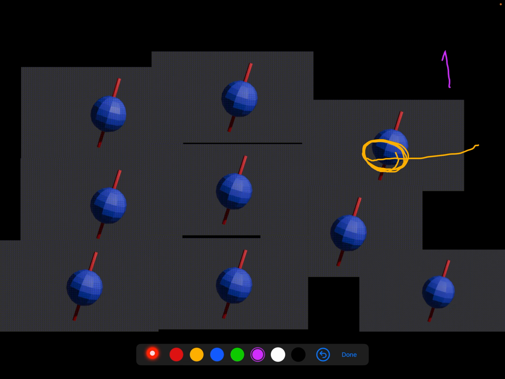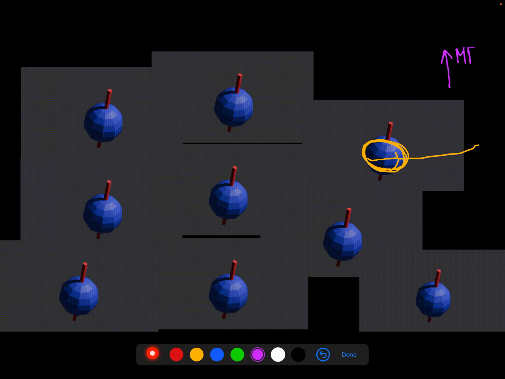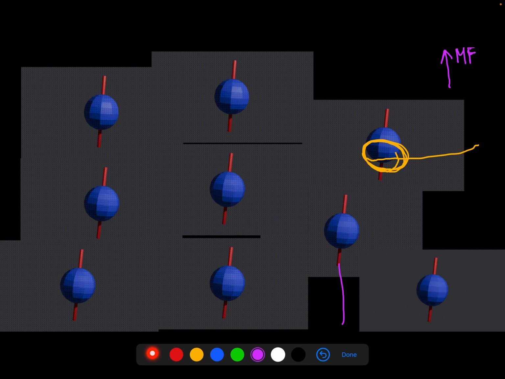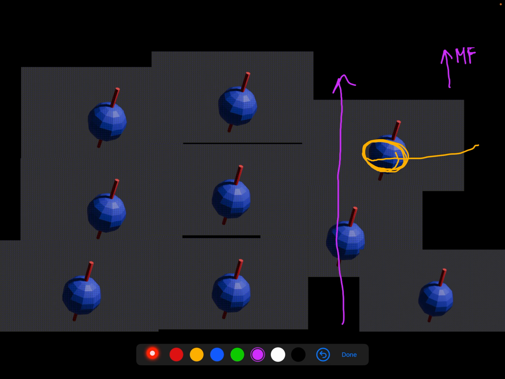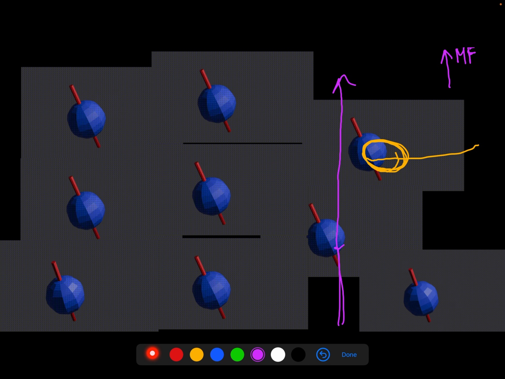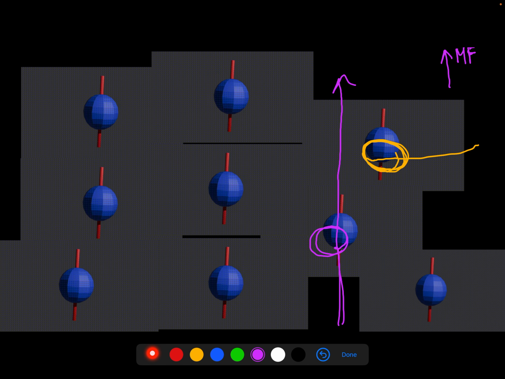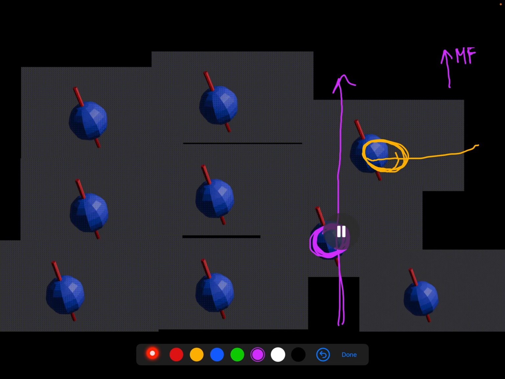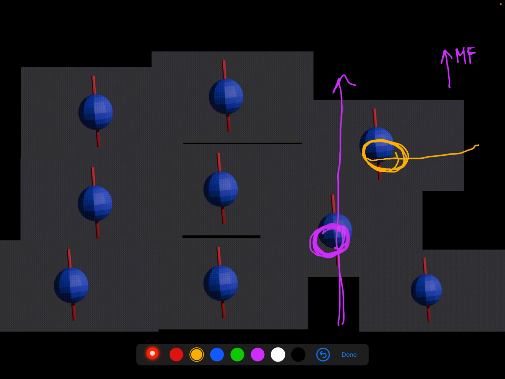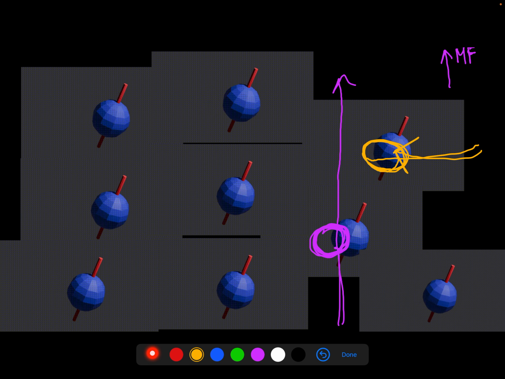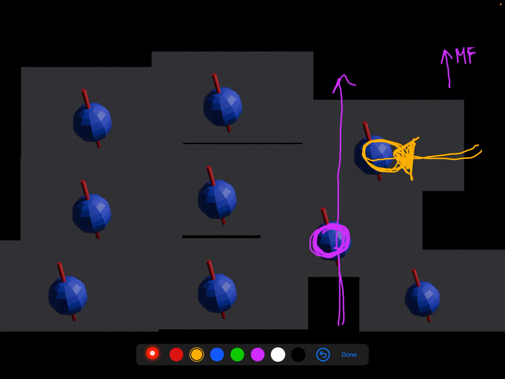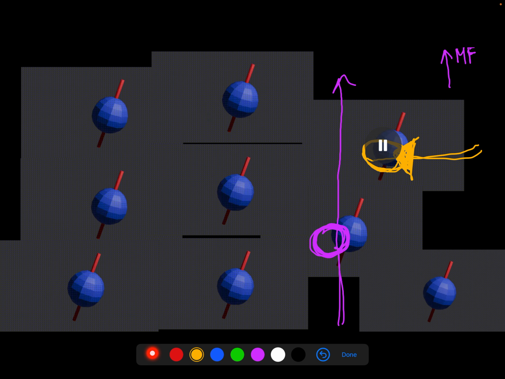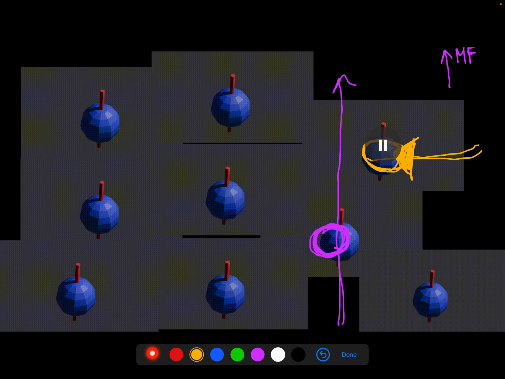If the magnetic field was pointing upwards like that, you can see that here it is wobbling around the magnetic field's direction, and that is the wobble. Importantly, do remember that there is this spin occurring simultaneously as well. That's the second movement. The spin is around its own axis, and the wobble is around the direction of the magnetic field.